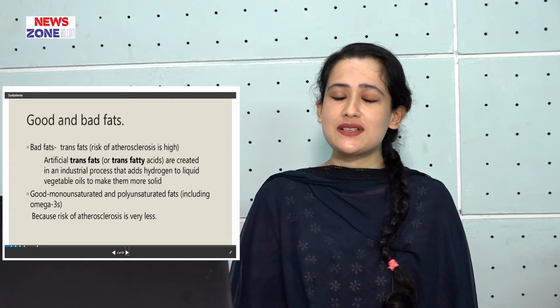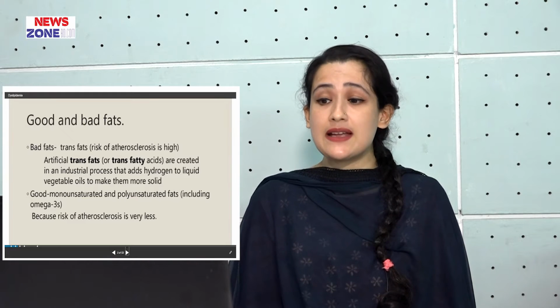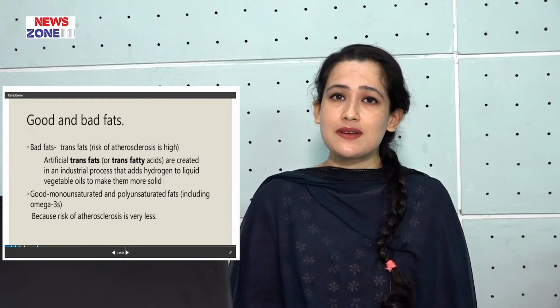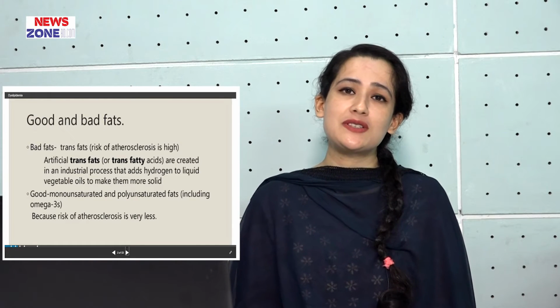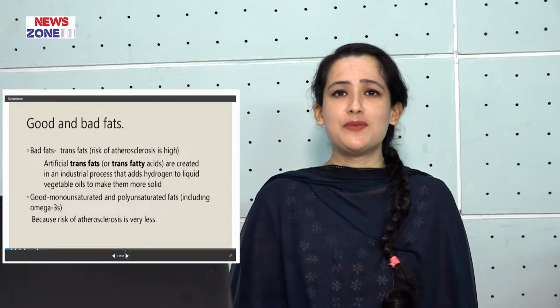But good fats are the monounsaturated and polyunsaturated fatty acids like HDL, high density lipoprotein. They are good because they reduce the risk of development of atherosclerosis because they transport the lipid from peripheral tissue towards the liver and metabolize them.